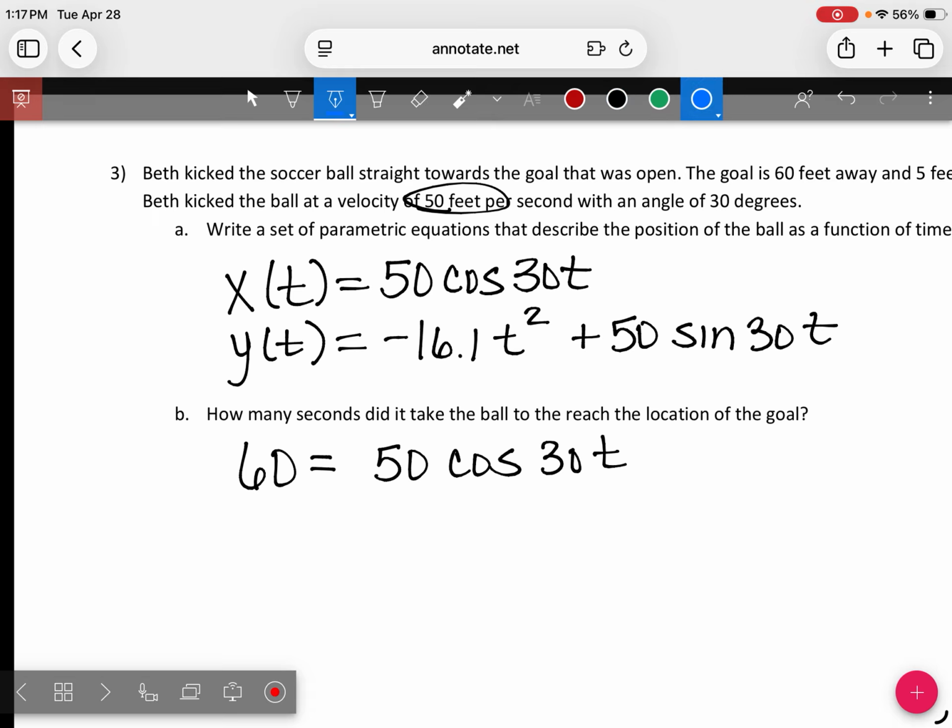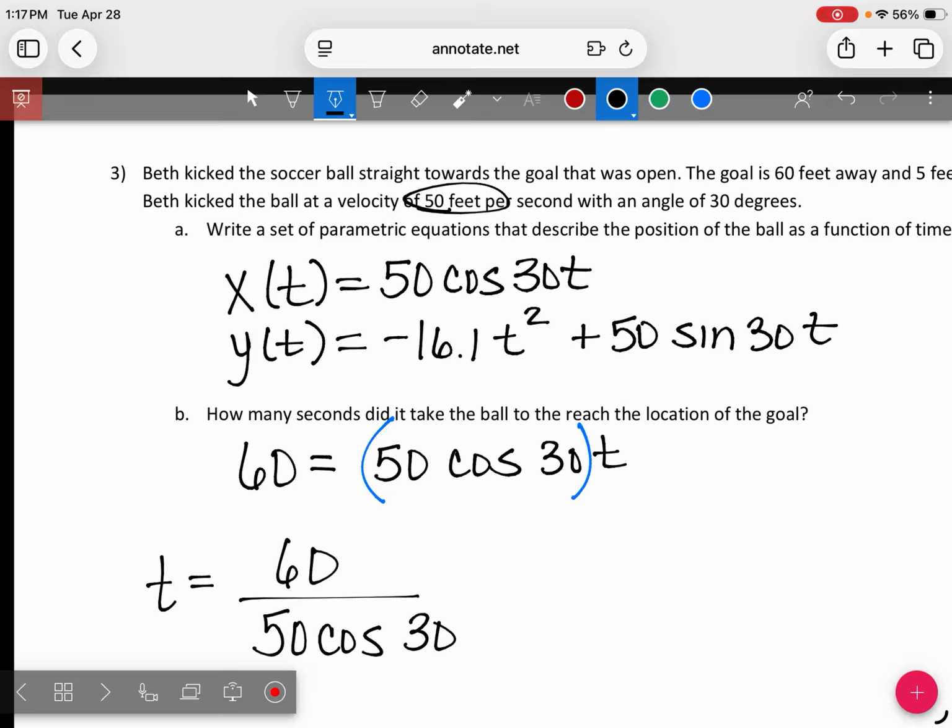This is one number. So to solve for t, you just take that 60 and divide. And that answers the question of how many seconds. It's how many seconds that kick is going to take to reach the goal.